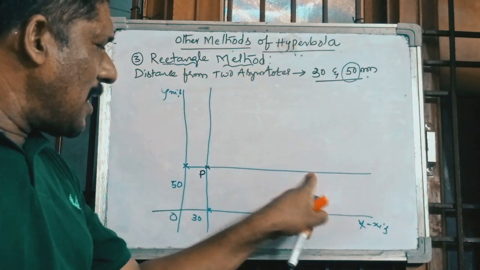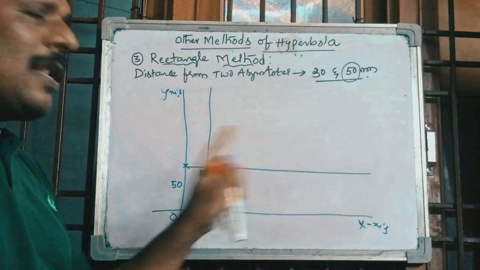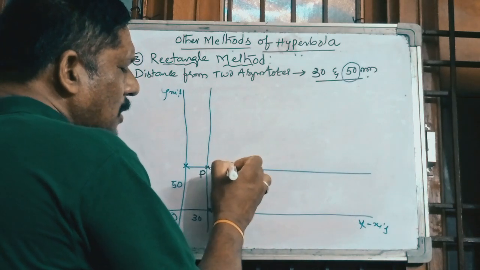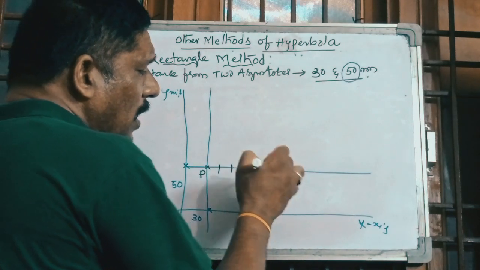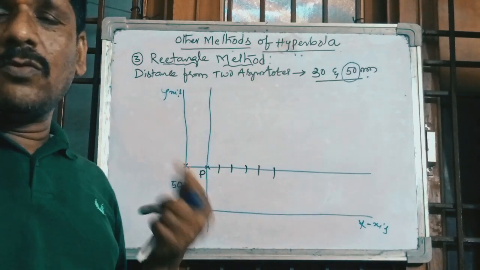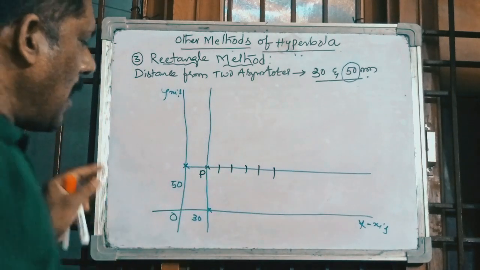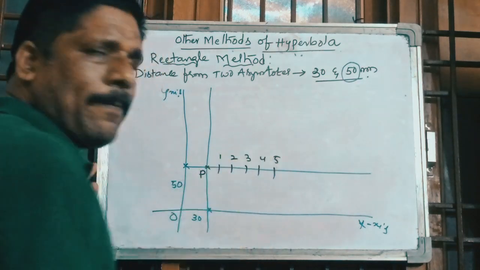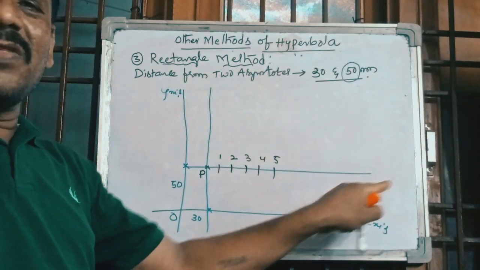Now this is the x-axis. Assume that this is the vertical axis or horizontal axis line. On the x-axis line, you take a number of points 1, 2, 3, 4, 5. You can go for equal length or unequal length as you wish. Give the numbering 1, 2, 3, 4 and 5. And you can go for 6, 7, 8 also.